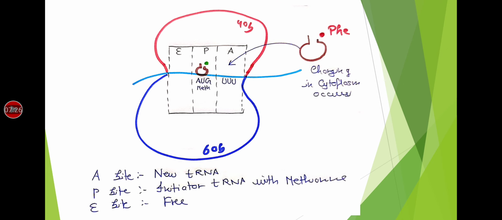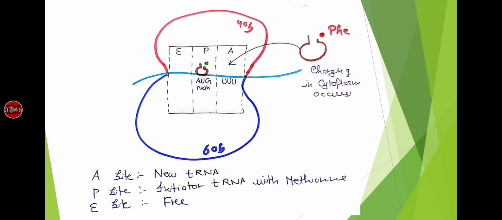So something is happening in the cytoplasm related to phenylalanine. What exactly happens in cytoplasm is the charging of tRNA. As I said, charging is a process in which a particular amino acid binds to the acceptor arm of tRNA.